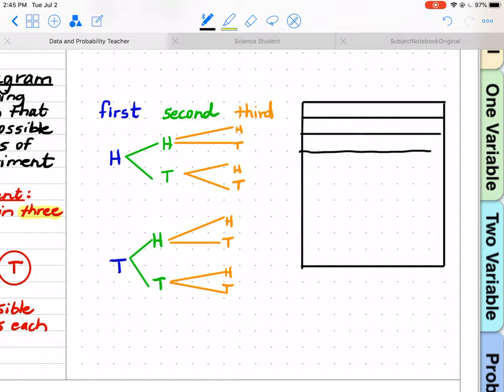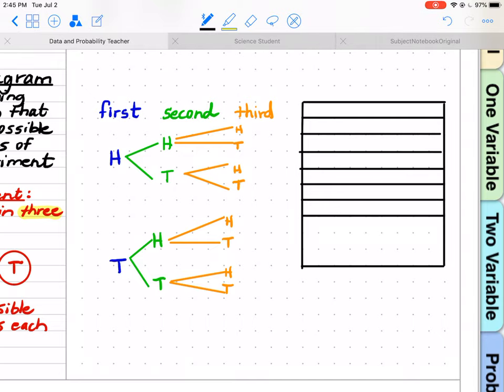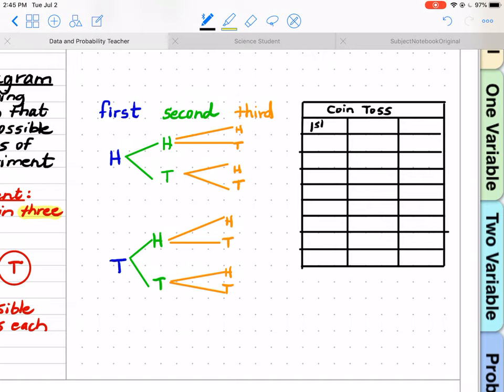Mark off your rows. These will be our different options. And you'll see when I get started how this information will fit in the table. So let's draw a divider there. It doesn't have to be exact, just get it close. Okay, so the title of this table is Coin Toss Experiment. And this is the first toss, the second toss, and the third toss.